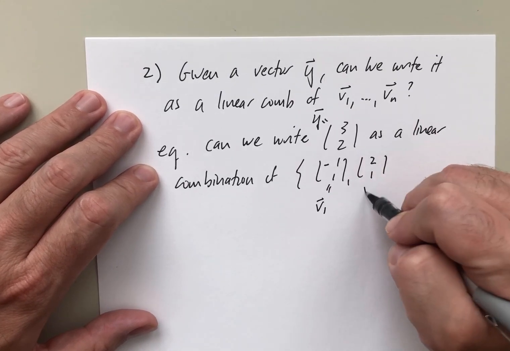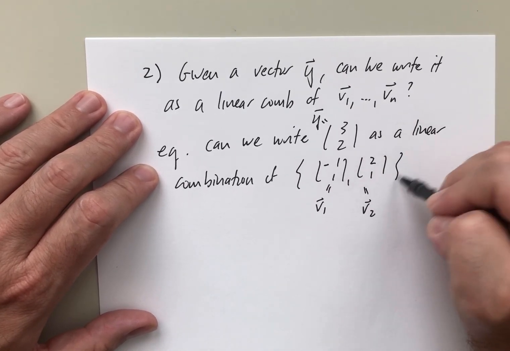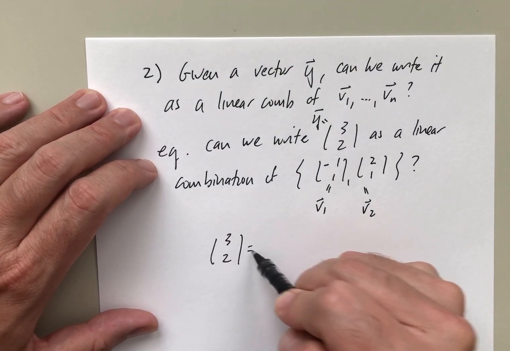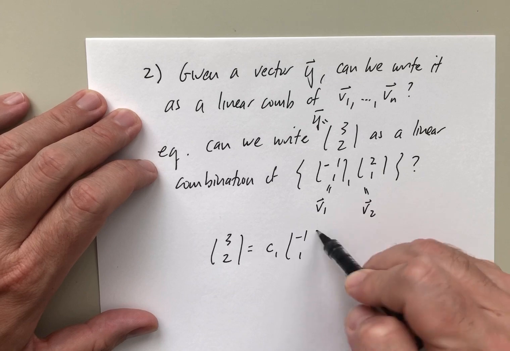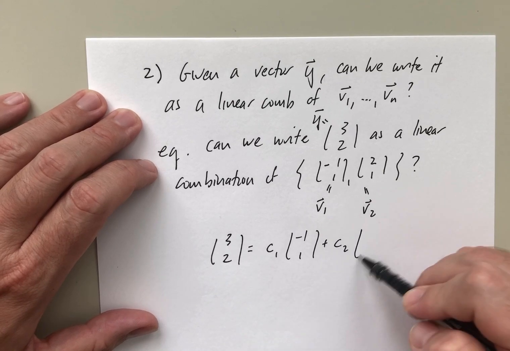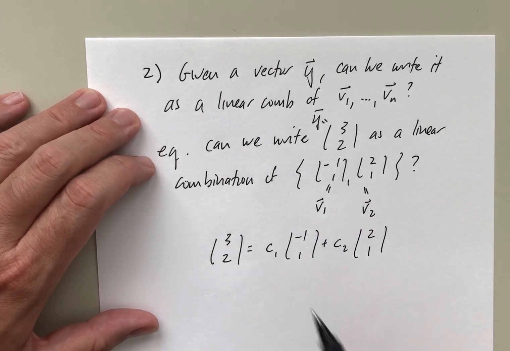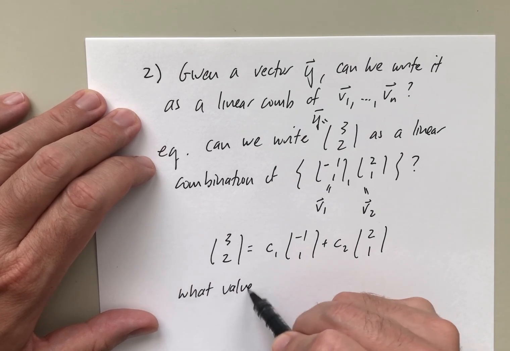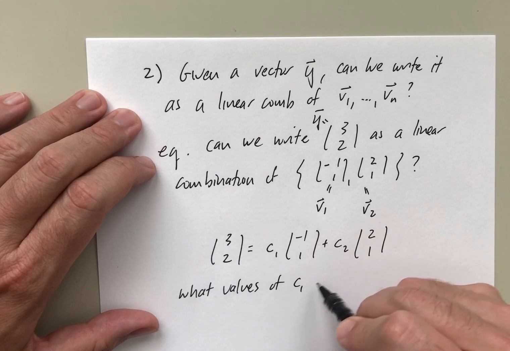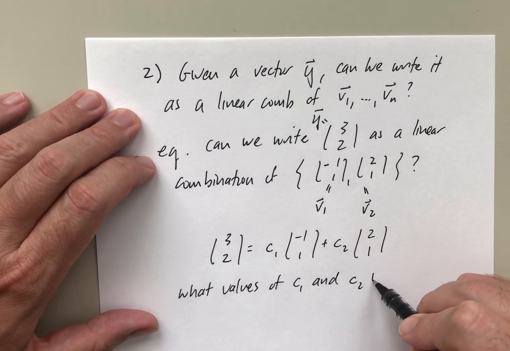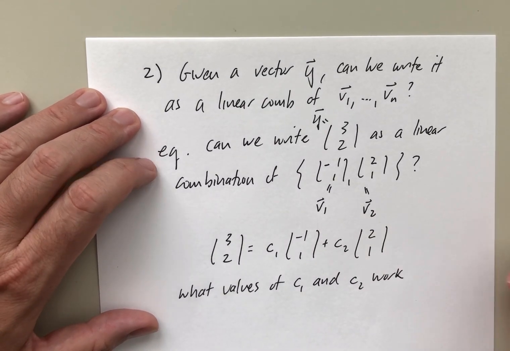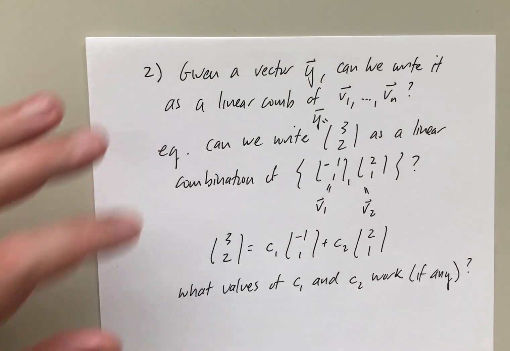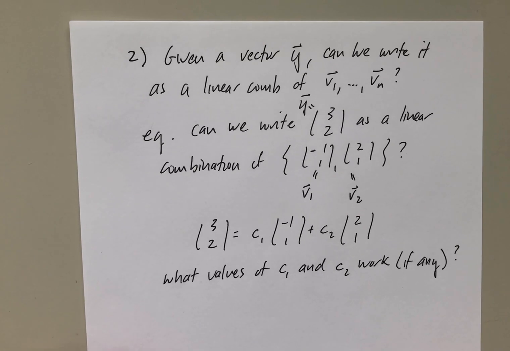What this means is I want to write (3, 2) as some weight times (-1, 1) plus some weight times (2, 1). And the question is, what values of c1 and c2 work here? And of course, do they work at all? Are there any choices of c1 and c2?